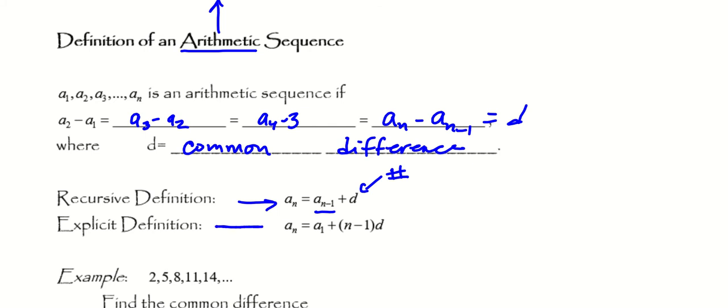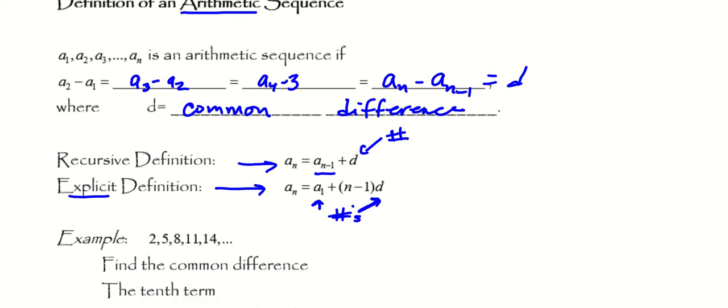The second type of definition we can write is an explicit definition where we say a sub n equals a sub 1 plus n minus 1 times d, where we're going to plug numbers in for a sub 1 and for d, but leave our variables as a sub n, the value of any term, and of n, the term position. I'll show you why that happens here.